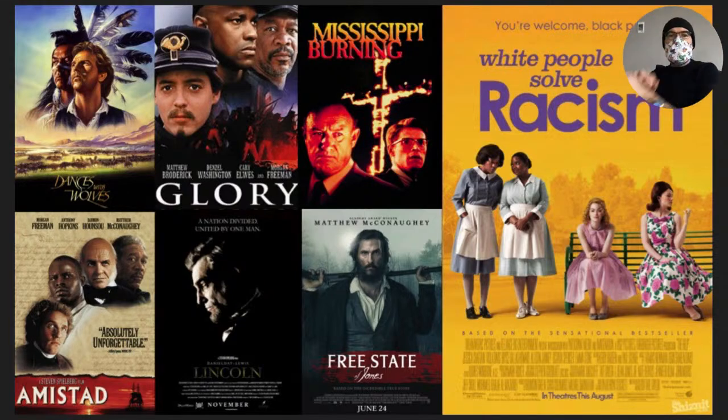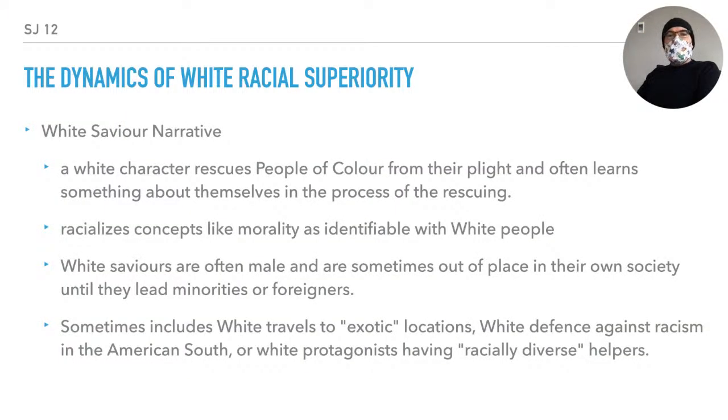All of them are based on historical events or historical time periods. And again, in some ways there's nothing wrong with these movies, right? But in other ways, they are problematic because often in movies like this, where the white character is the main character and the hero, you see them rescuing people, right?